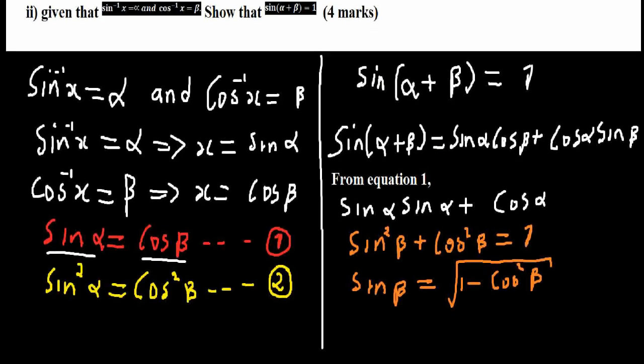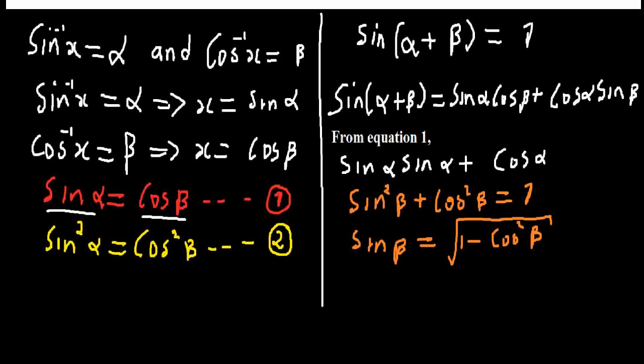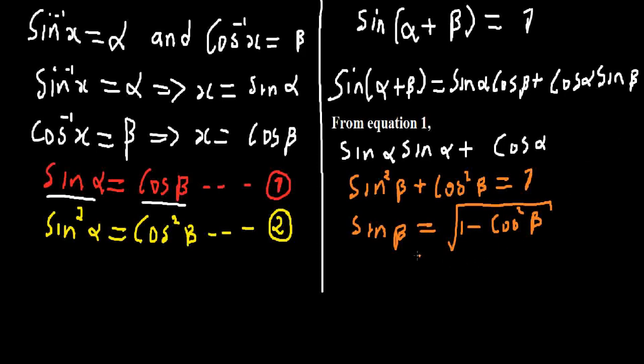So from this identity we have made sin beta subject. We simply replace it in the position of sin beta. So in this position now, we're going to have the square root of 1 minus cos squared beta.